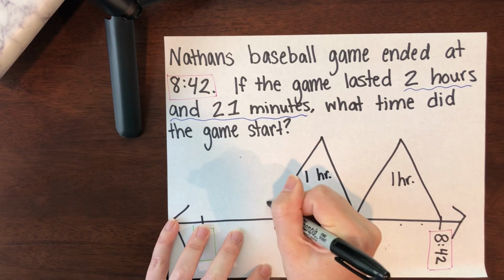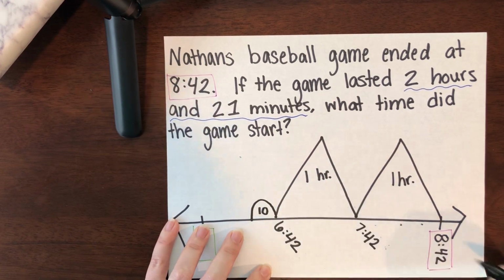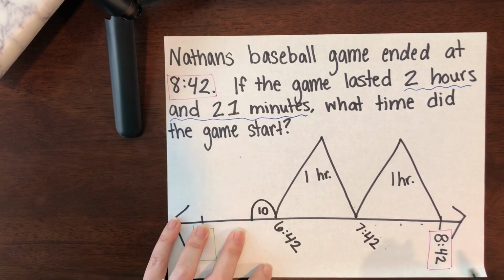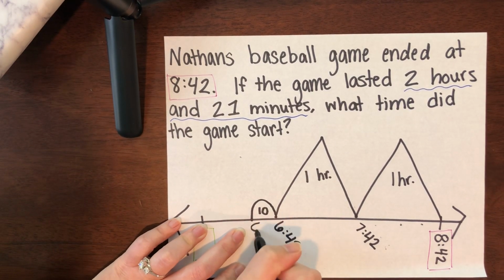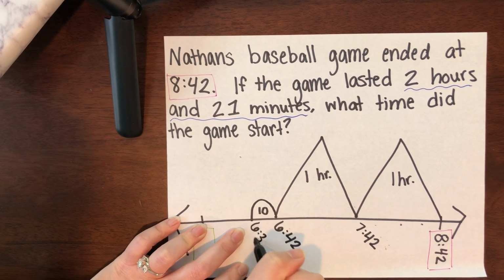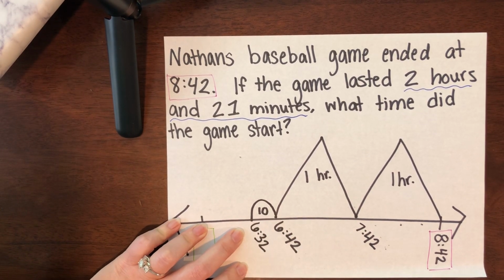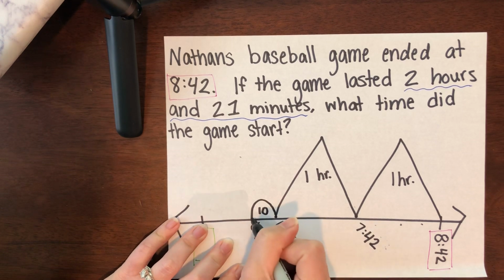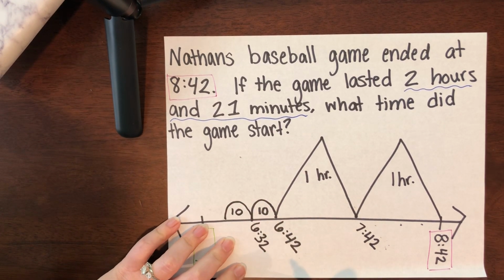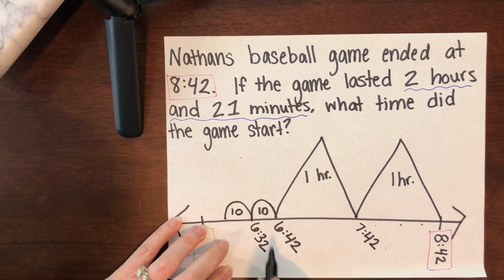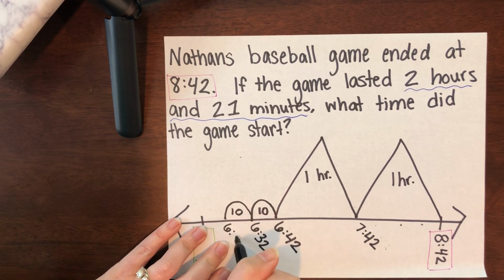So I'm going to draw one hill, and I'm going to write 10 minutes. Now 10 minutes before 6:42 is going to be 6:32. And now I'm going to go back 10 more minutes. 10 minutes before 6:32 is going to be 6:22.